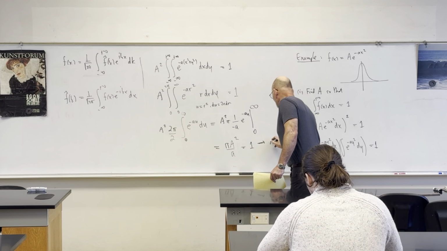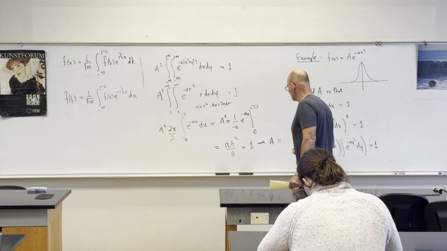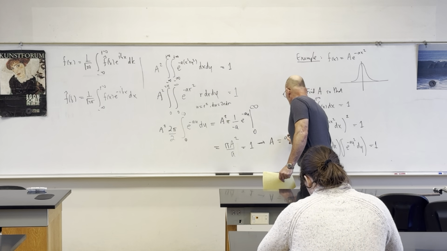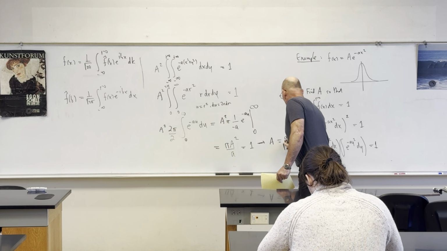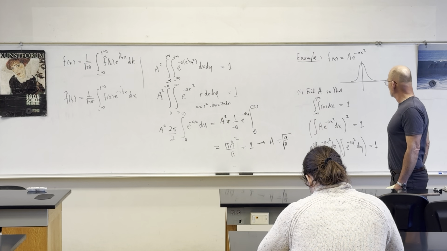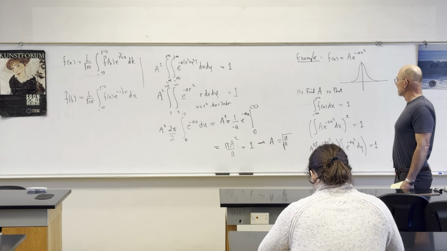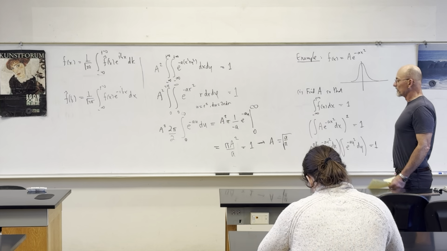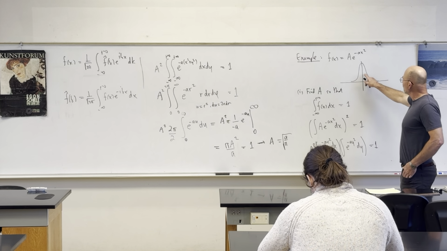That means A equals the square root of a over pi. So that's a useful one, and now we have a function that's always normalized to one.